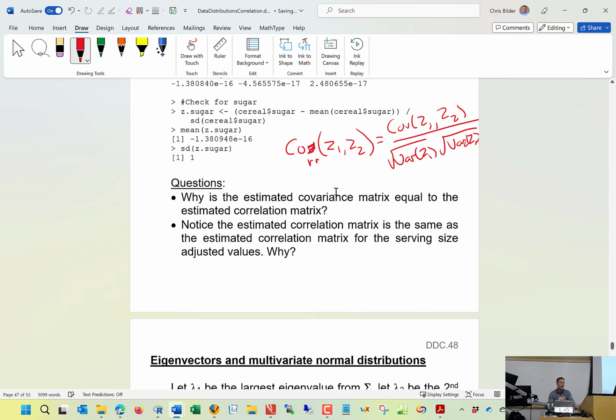These are population quantities, but you can do the same thing with the sample quantities as well. Remember what these variances are? 1. So in terms of population quantities, the correlation for Z1 and Z2 is equal to the covariance for Z1 and Z2. The same thing happens with the sample, and that's what I just demonstrated with the cereal data. So that's why this happens.